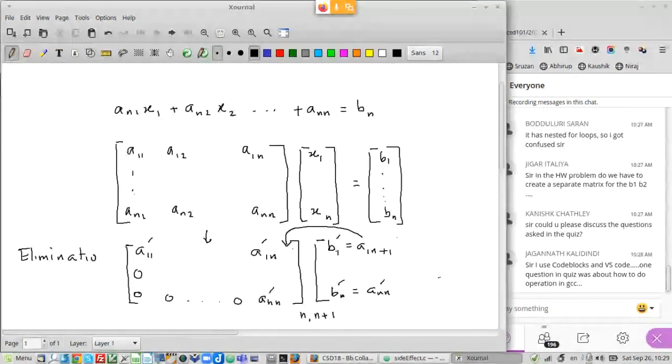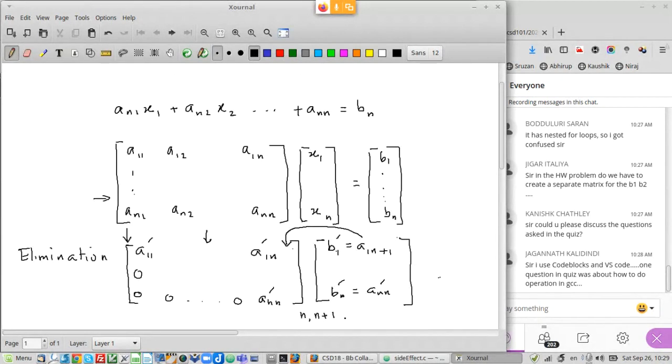So the code is divided into these two parts. So first you go from this matrix here to the matrix here. Once you have got this, then you do a step called back substitution, because now you can find the value of xn. So this whole row is now here, remember.